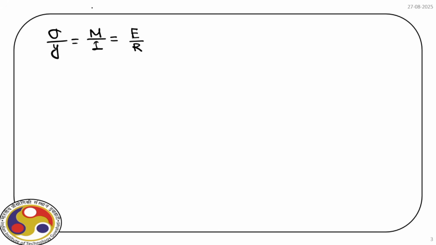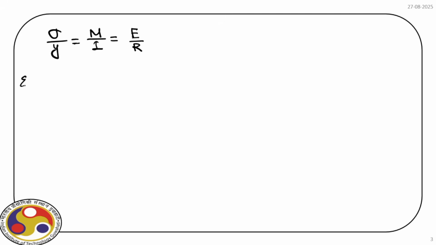Today our plan is to extend this and see how we can solve for a beam which does not have a standard section but a built-up section. But before that, let us take a quick example.